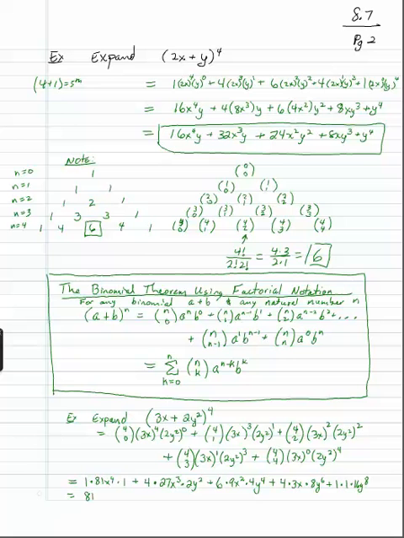And then you just got to clean everything up. So we're going to get 81x to the 4th plus, I should have done one of these with a minus in there. Oh well.